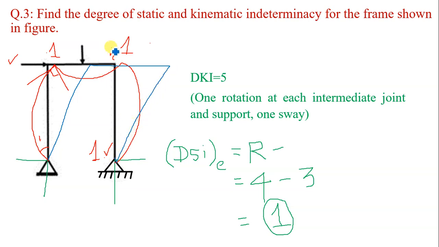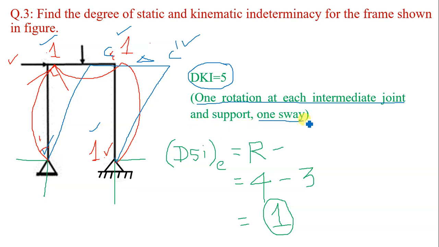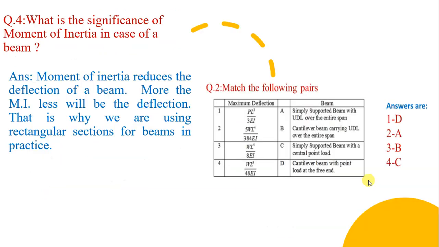So C will move to new position C dash and this displacement is called sway, and thus there are 1, 2, 3, 4 and 5 unknown joint displacements, and hence degree of kinematic indeterminacy is equal to 5. One rotation at each intermediate joint and support and one sway.